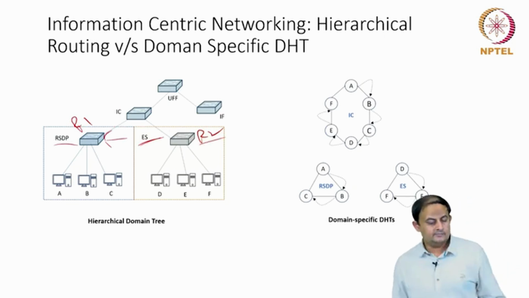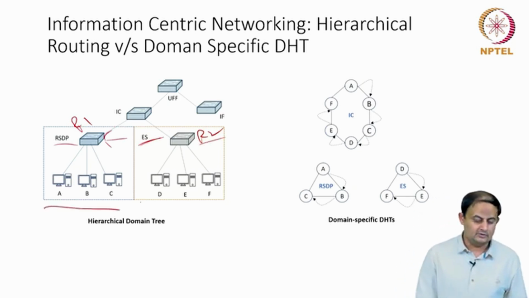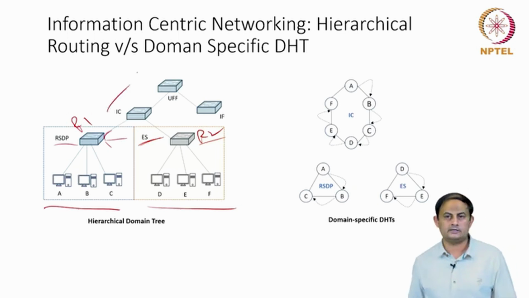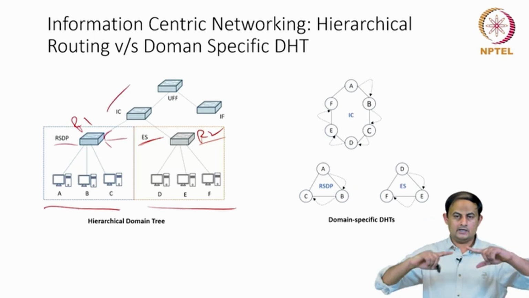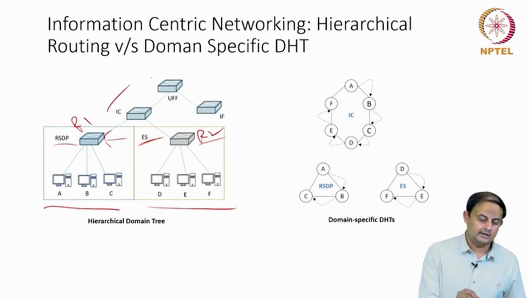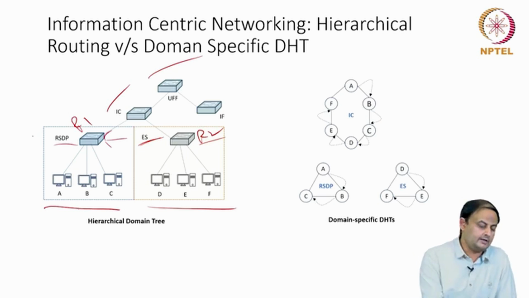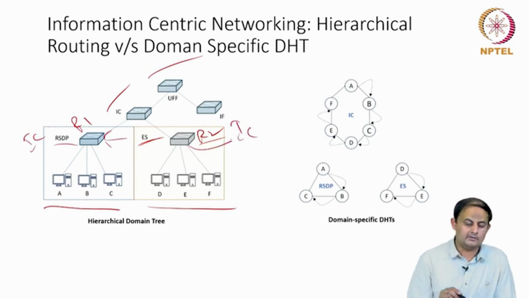On the other hand, both the ABC group and the DEF group are interested in receiving the content with the prefix IC, because they are connected in that fashion, and they are also interested in the content generated with the prefix UFF. So I can keep a routing table entry with the prefix IC here at the router R2.